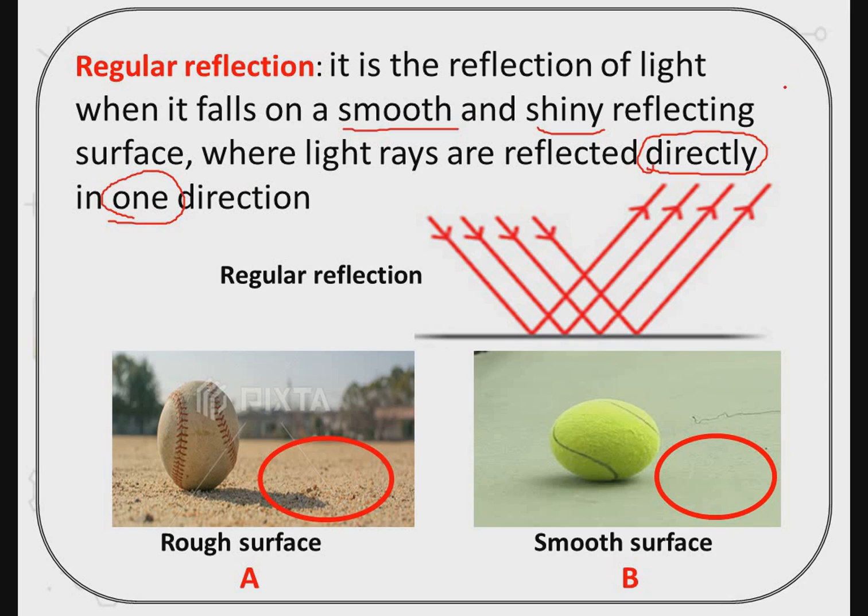Okay, so what is the meaning of a smooth and shiny reflecting surface? Shiny means bright as the mirror, and smooth means flat without any rough areas or holes. Okay?